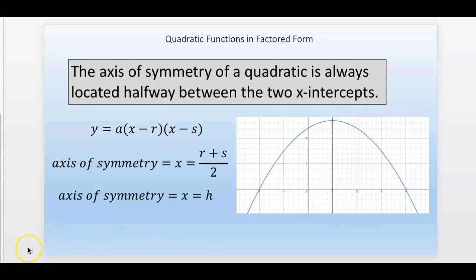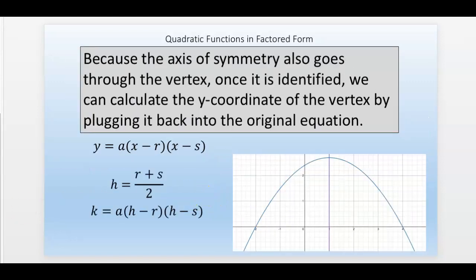And remember, the axis of symmetry is the same as h. Because the axis of symmetry also goes through the vertex, once we find what h is, we can plug it in and find what k is. Just plug it back into the original equation. Use the factored form already there. Just plug h in there. Okay?